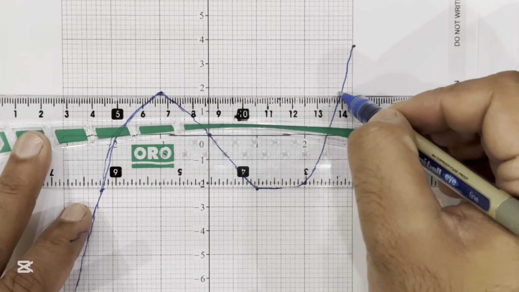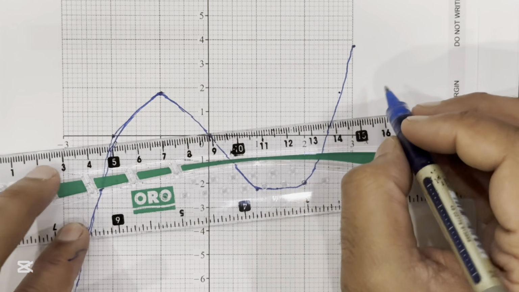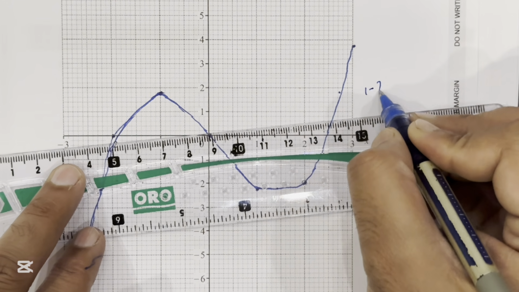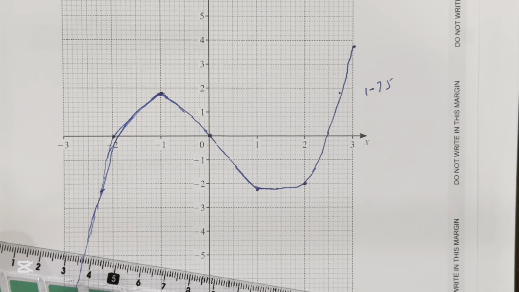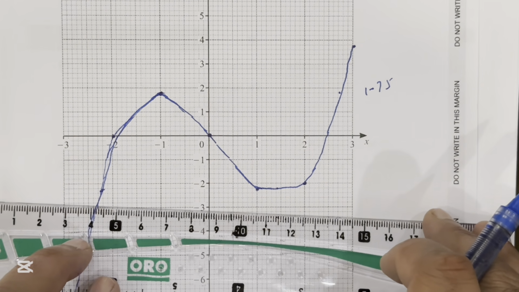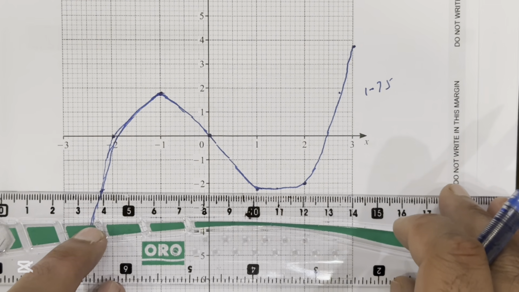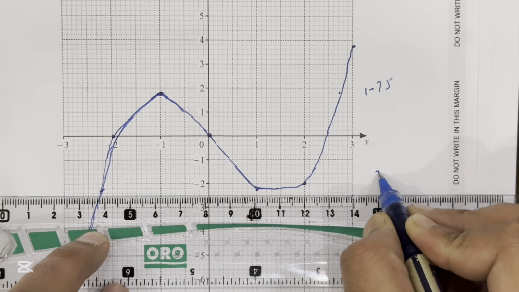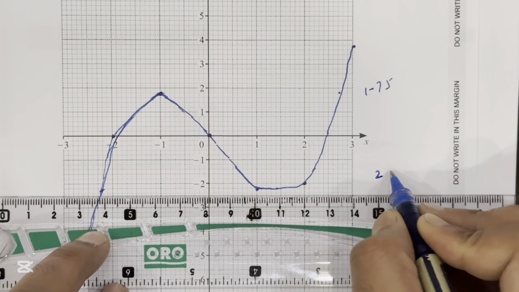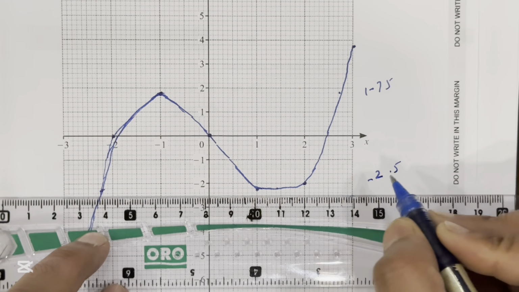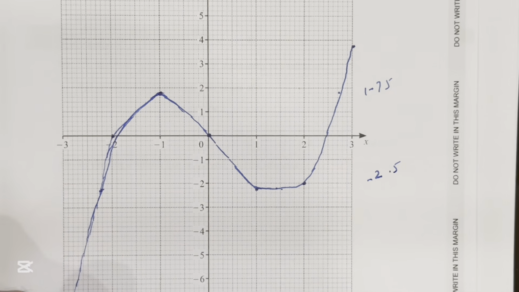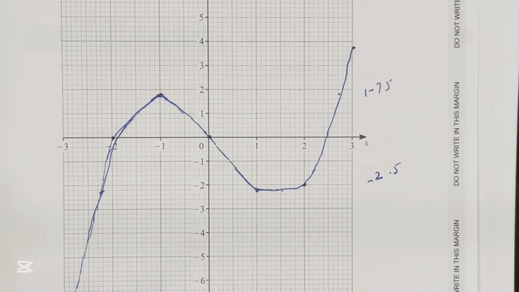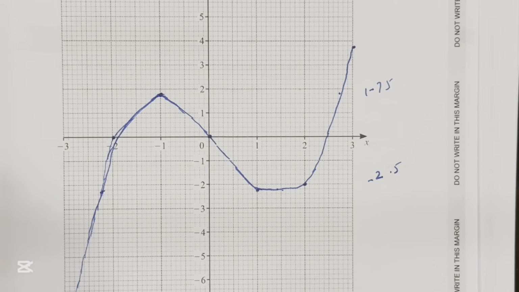So at this point the value of k that we have already plotted is equal to 1.75, and this point, you can say the value was 2.25. Below it, you can say that is equal to 2.5. So minus 2.5 would be this value. So you can write your answer.